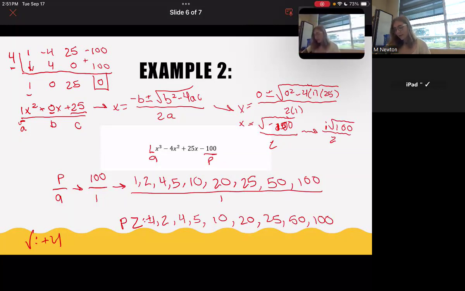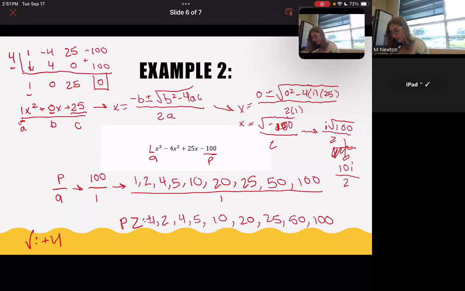And then you can simplify the square root of 100, which is just 10. So it's going to be 10i over 2. I'm sorry, this is messy.